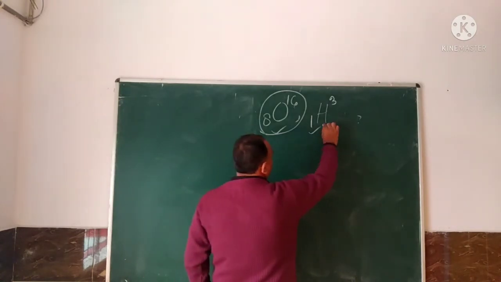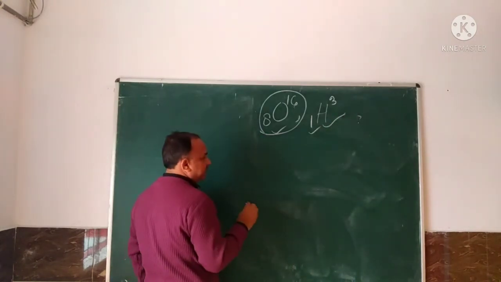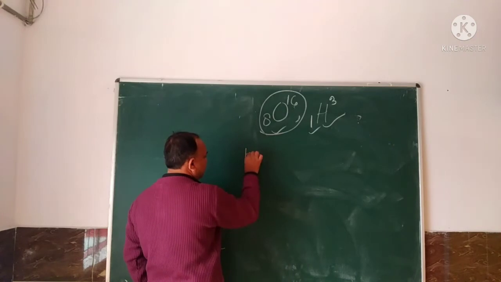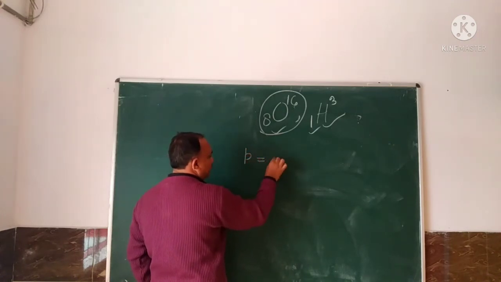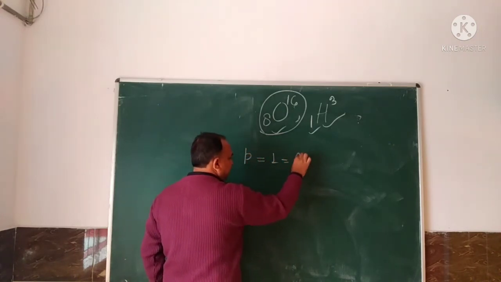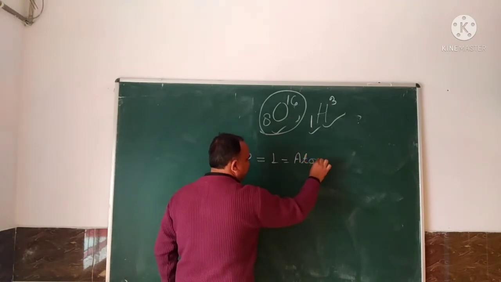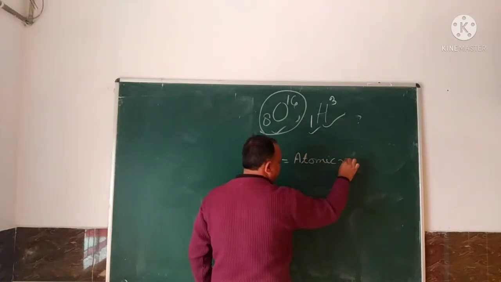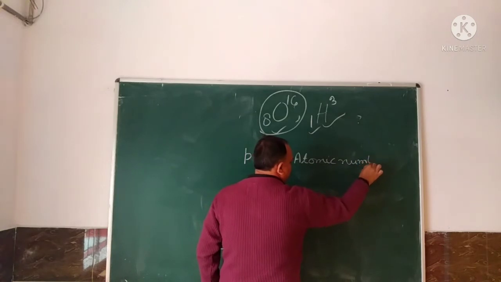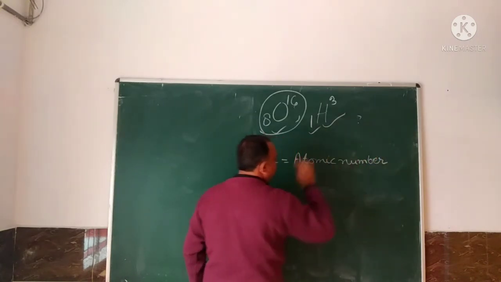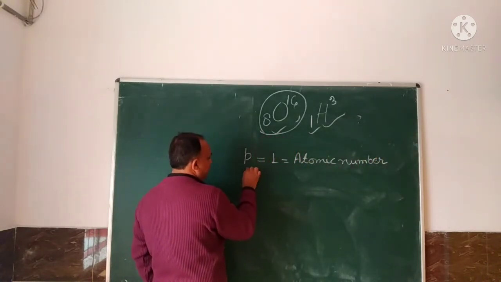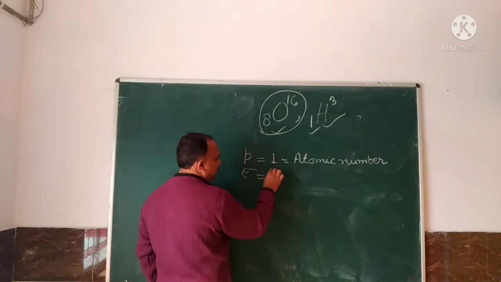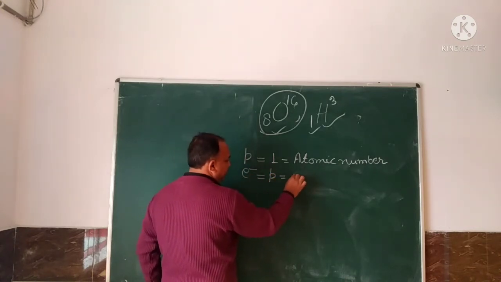That is 1, 3. Firstly, find out the number of protons, which is equal to 1. That is equal to the atomic number. Then we have electrons. Electrons are equal to the number of protons, that is 1.